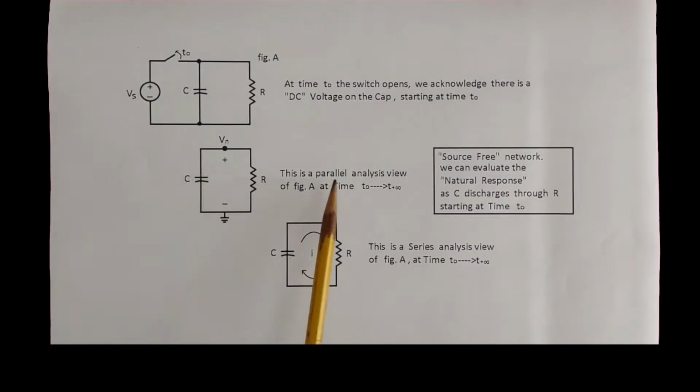This is the node equivalent for parallel analysis of the RC network, and we're also going to analyze a series. This is going to be much easier. The node series equation writing is going to be a little tricky, but I'm going to do it.